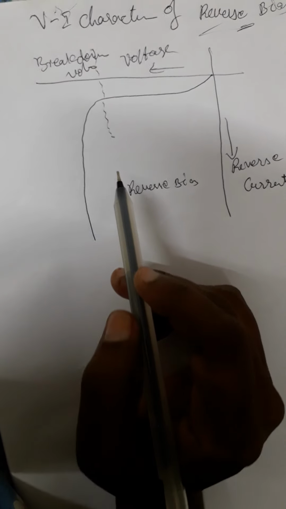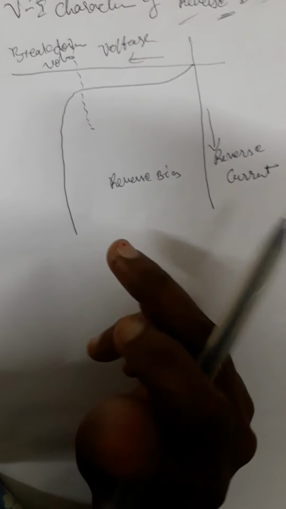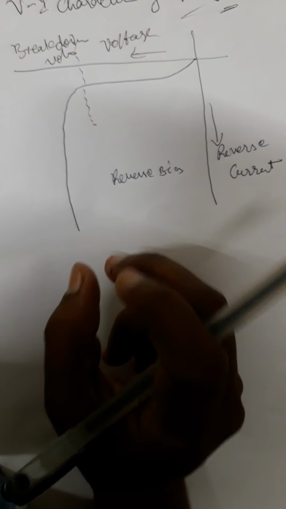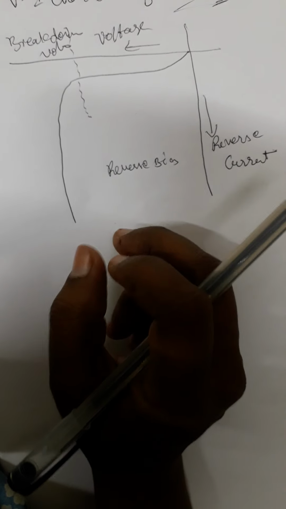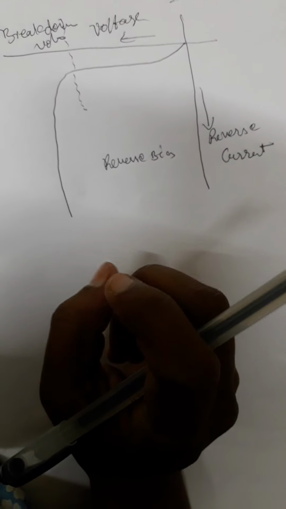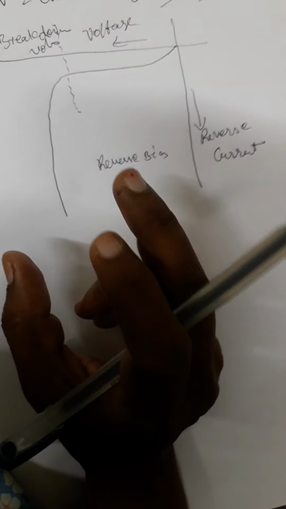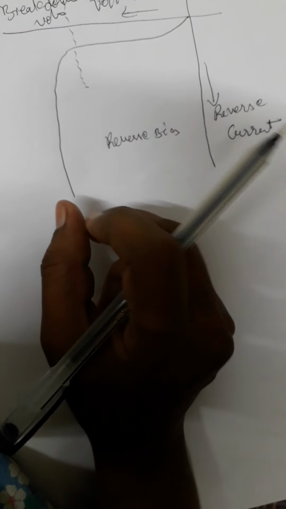Due to the thermal energy in crystal, minority carriers are produced. Minority carriers means holes in n-type material and electrons in p-type material.